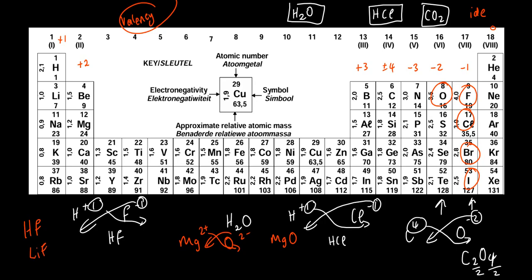LiF is called lithium fluoride. NaF is called sodium fluoride. And then chlorine is gonna be chloride. Bromine is gonna be bromide. Iodine is going to be iodide. Yeah, so that is just the naming, guys, that we did back in grade 10, just so that you understand why we are naming these compounds in that way.